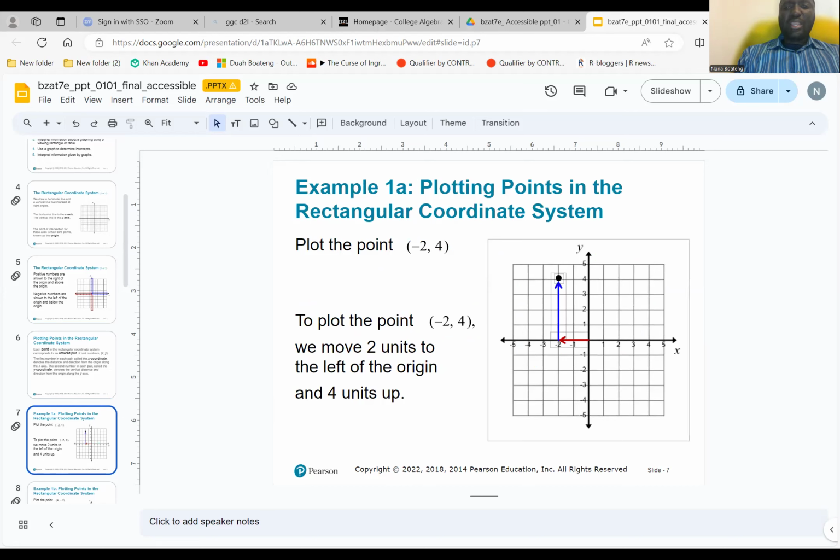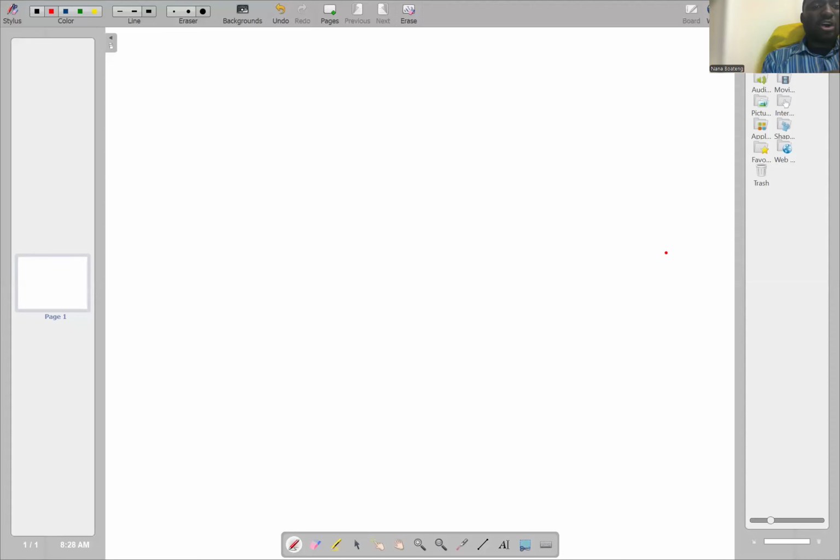So for example, we can begin by plotting the point (-2, 4). Let me share my blackboard. We have to plot this ordered pair in the rectangular coordinate system.